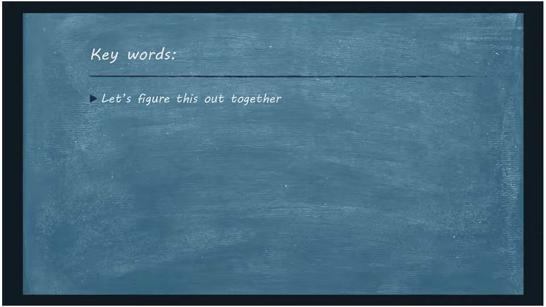All right, there are keywords that you should use when communicating to students who are frustrated and having issues, and these will really help the student to, in a sense, calm down. One of them is, let's figure this out together, or things like, we should try this first.